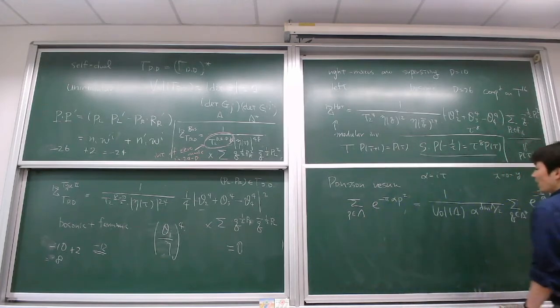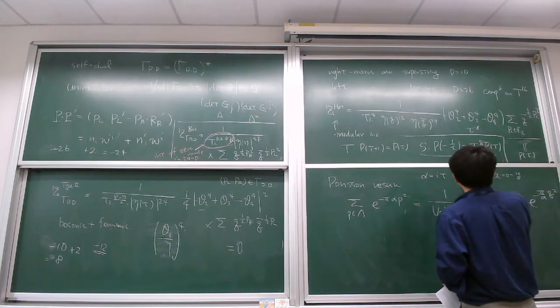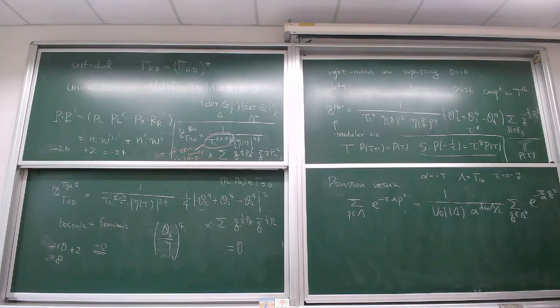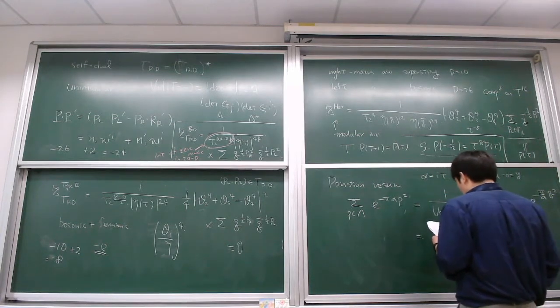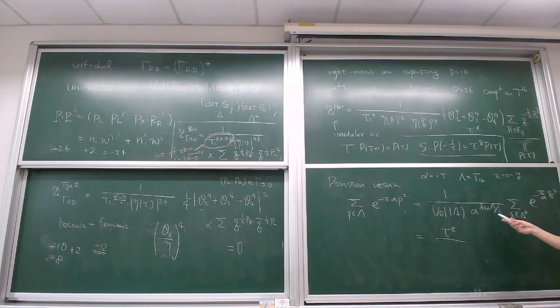The left-hand side is indeed equal to that one, and lambda is equal to gamma 10. If you substitute this, you get tau to the 8, since the dimension of lambda is 16, you automatically get 8.